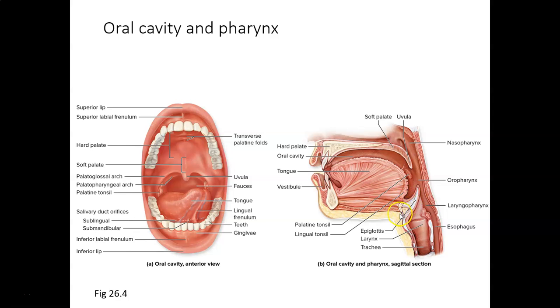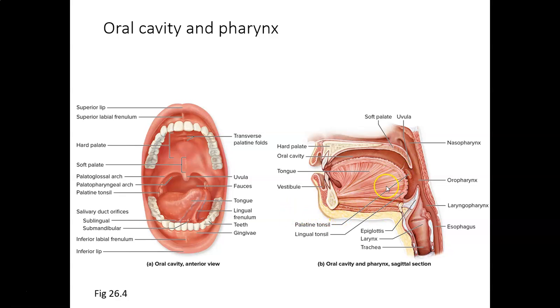Also on the side, you'll see the epiglottis, the top cartilage of the larynx. When the larynx moves up, this closes off the trachea, to prevent food from getting into your air passageway.